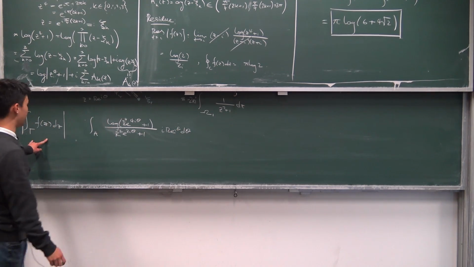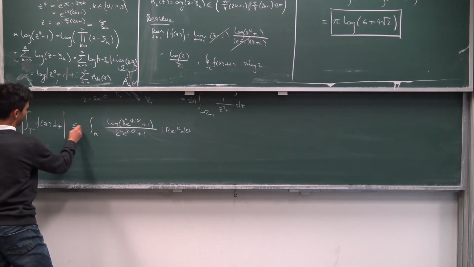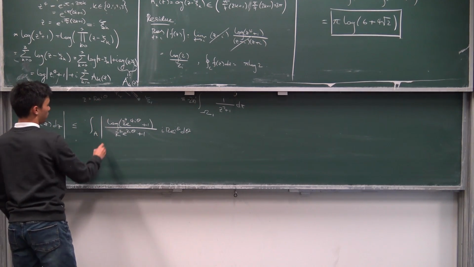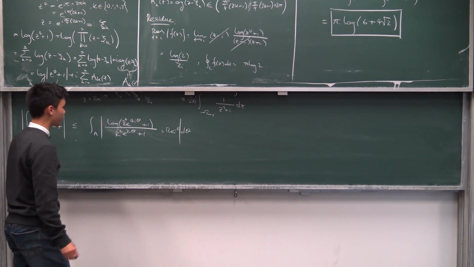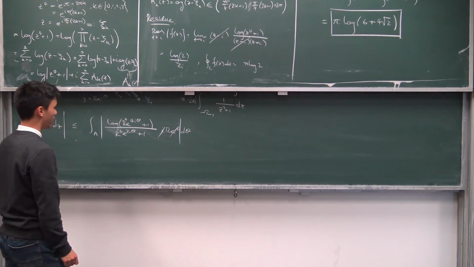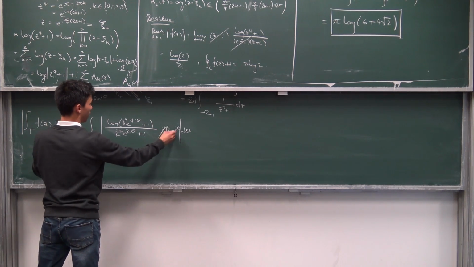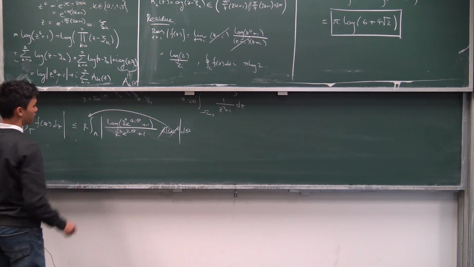So the absolute value of this integral is less than or equal to the integral with absolute values inside the integrand. And it's nice because the i and the e to the i theta will cancel. This r will pop out to the front.